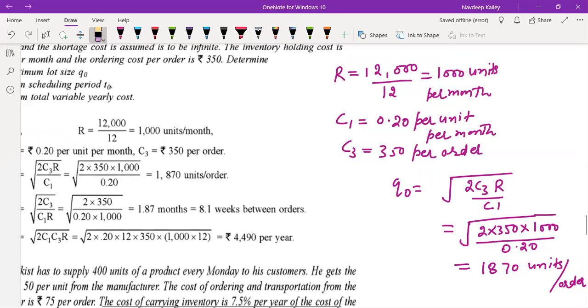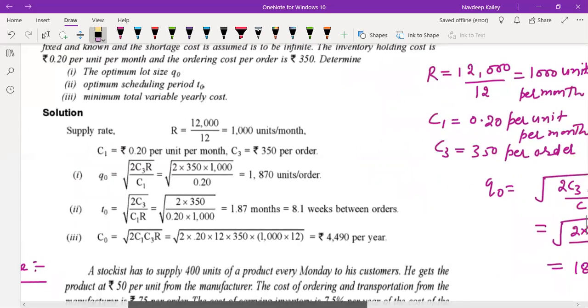Further, we have to calculate the optimal scheduling period.